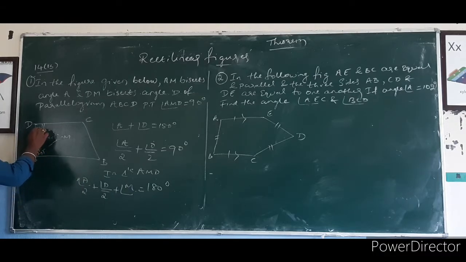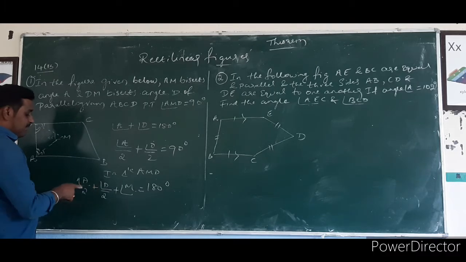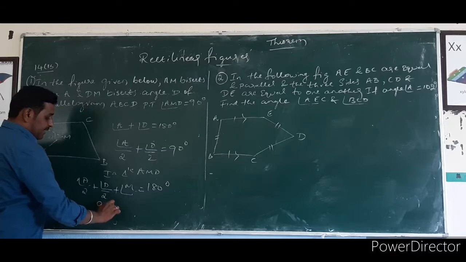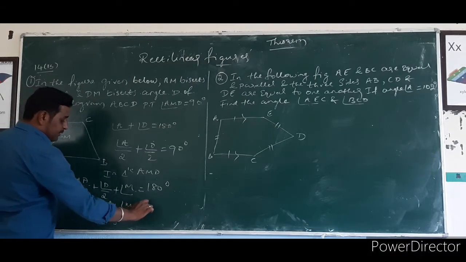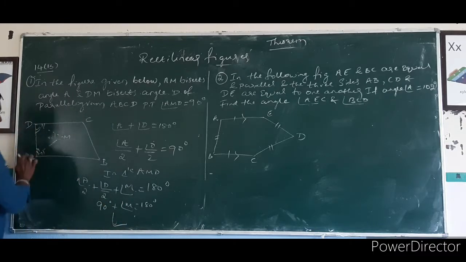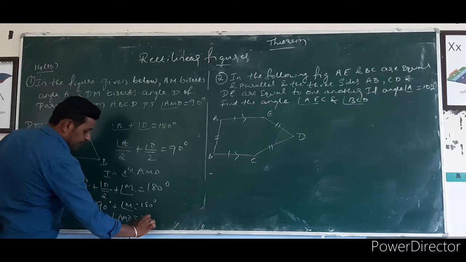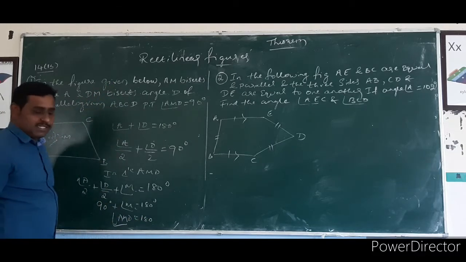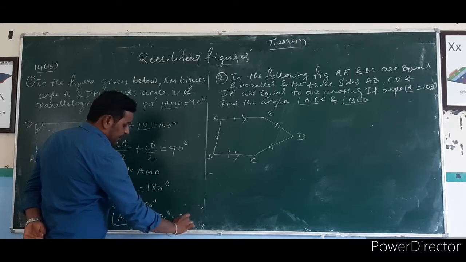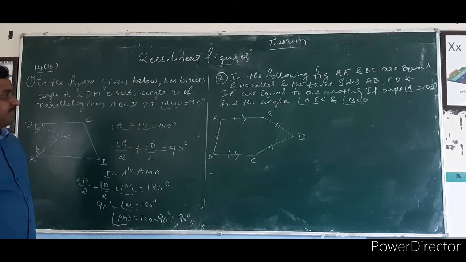A by 2 and D by 2 are the bisected angles. The sum of these two is 90 degrees. Replace it: 90 plus angle M is equal to 180 degrees. Angle AMD equals 180 degrees minus 90 degrees, which is 90 degrees. That's the proof: AMD equals 90 degrees.